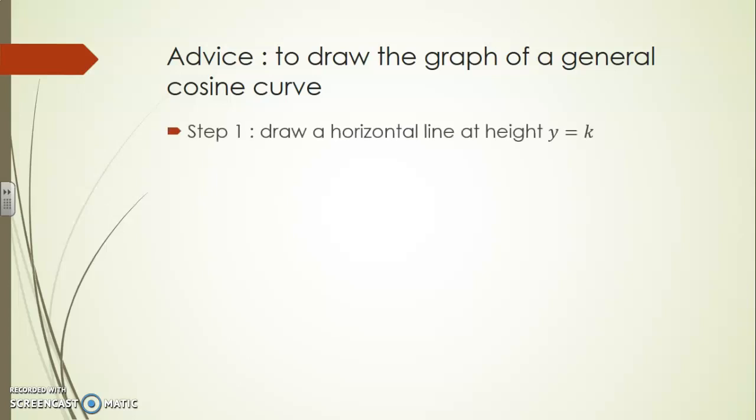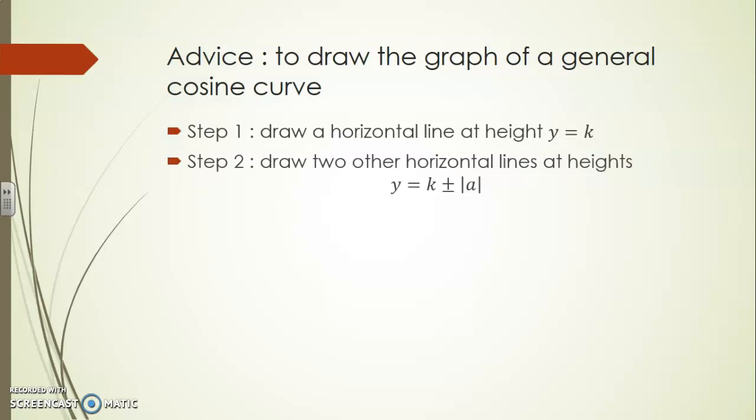I would suggest first and foremost drawing a horizontal line at height y equals k. The k, remember, is the vertical shift. So y equals k will correspond to the average value or the median value of your cosine function. So oscillations will take place above and below this line.